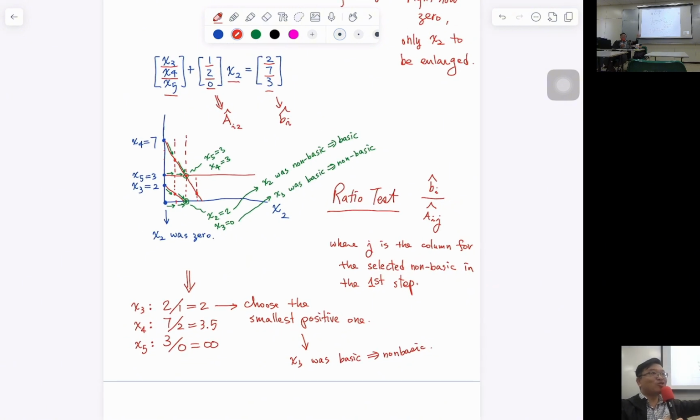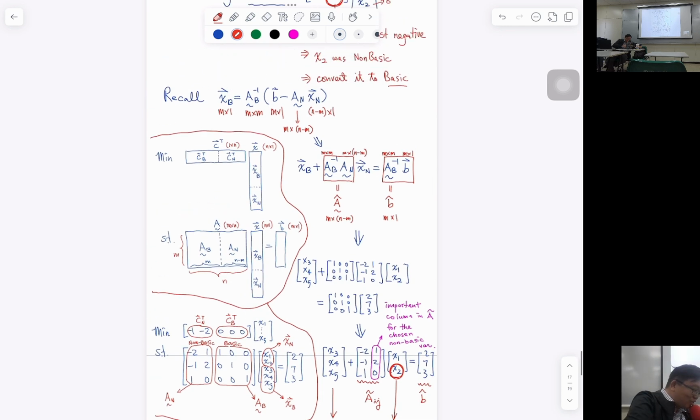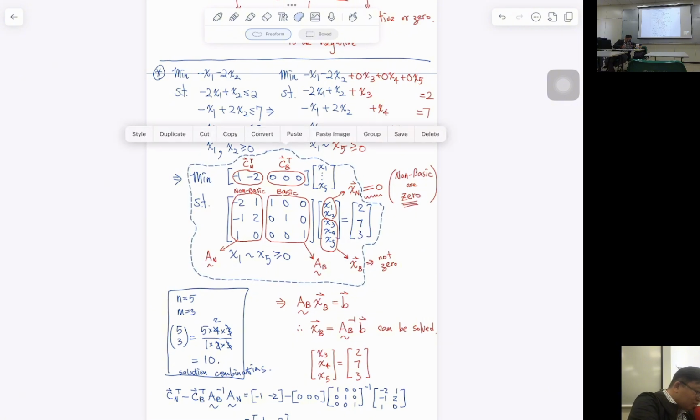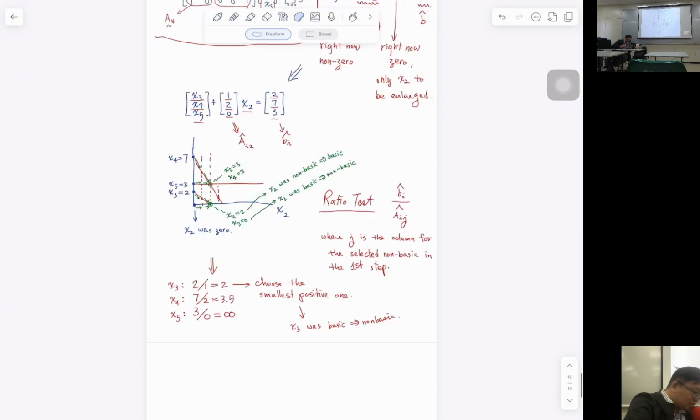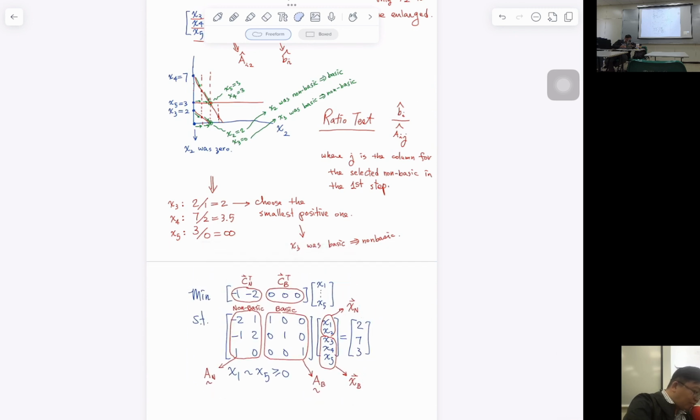The position swapped. So we need to now go back to see the original problem. Okay, this is the original problem, right? And I'm gonna draw a line right here.